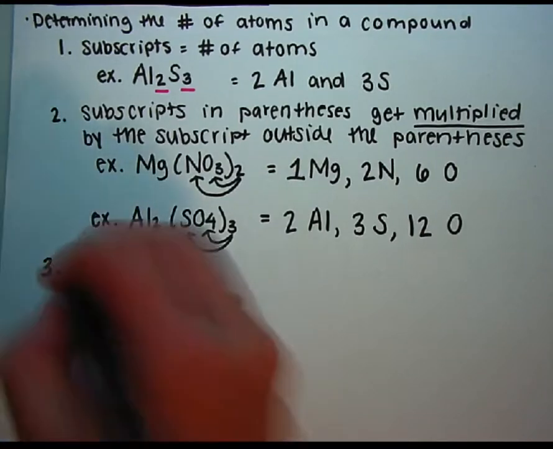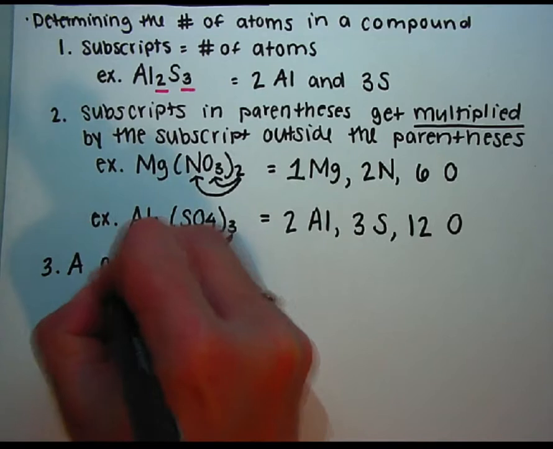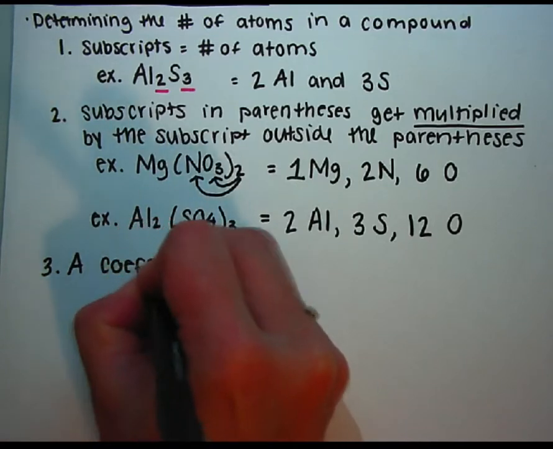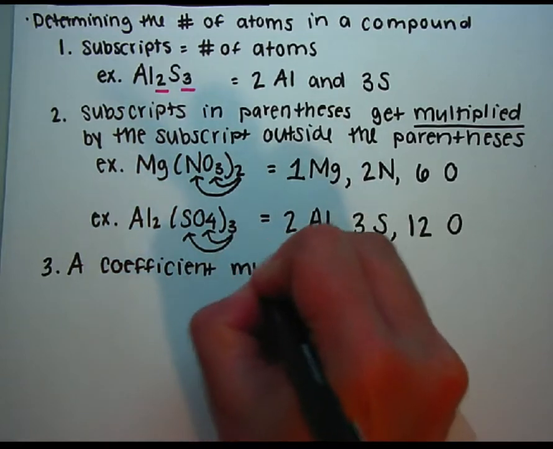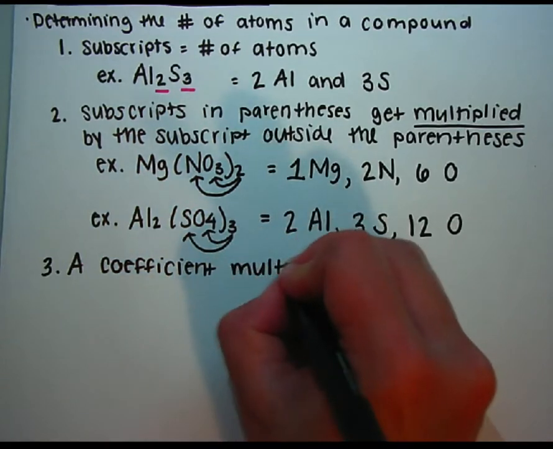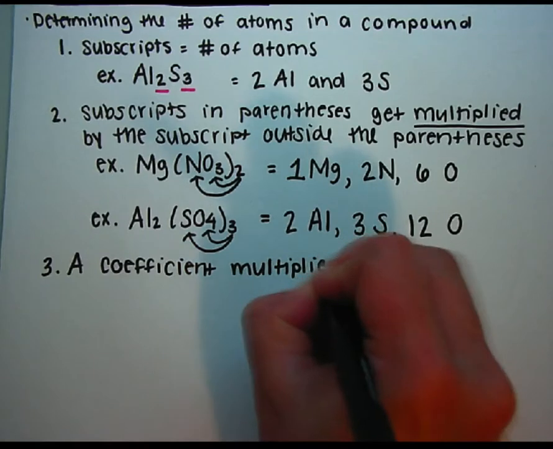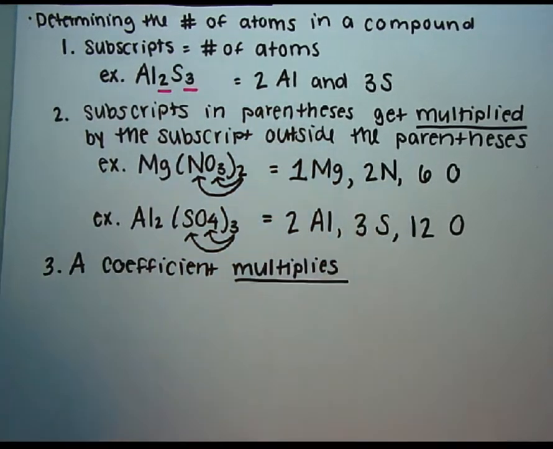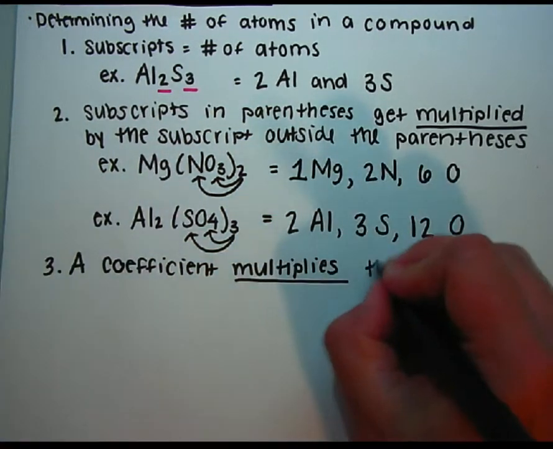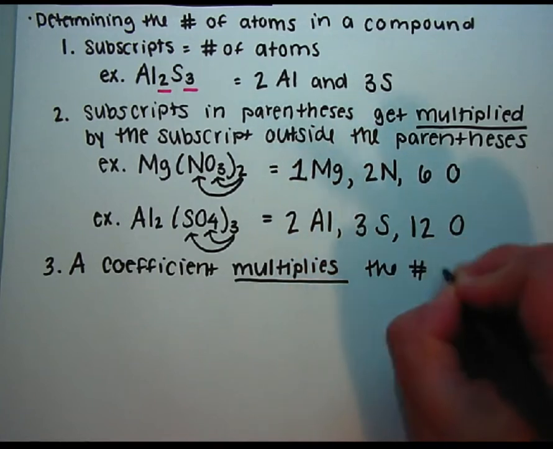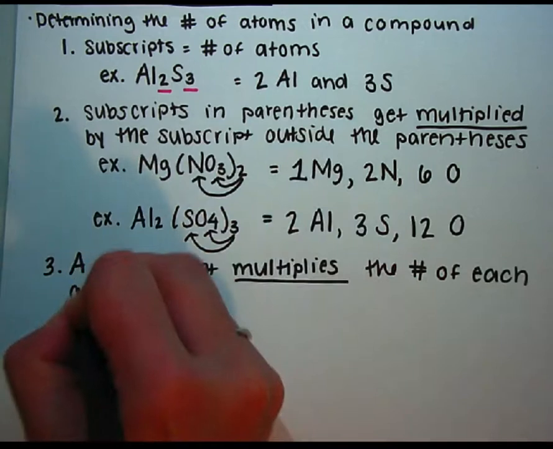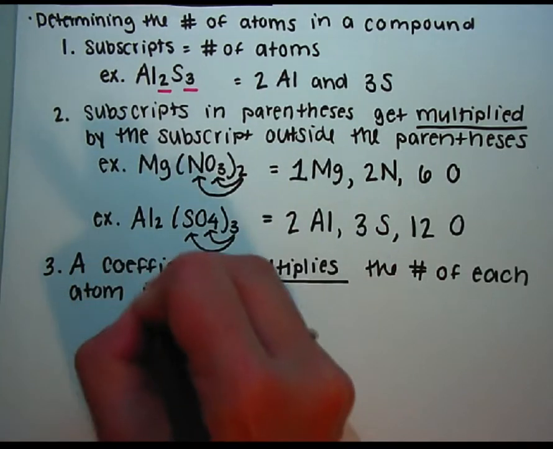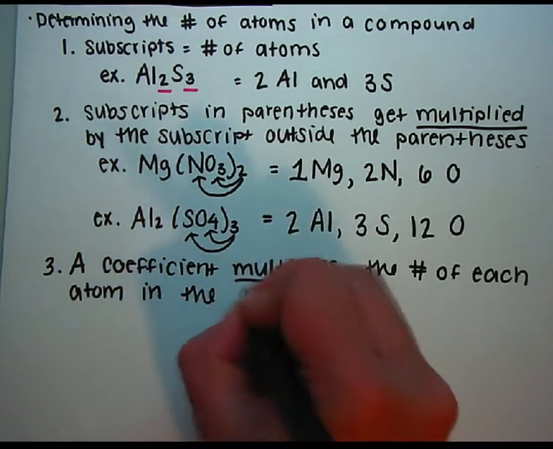Lastly, when we balance, we're going to add something called a coefficient. And again, the coefficient multiplies the number of each atom in the compound.